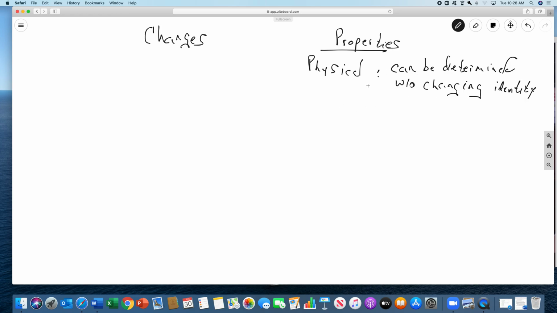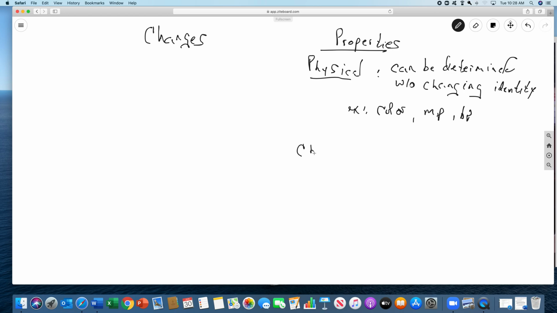So I'm sorry, it's not a change, it's a property that you can tell without changing the identity. So for example, the color, the melting point, so MP is the melting point, the boiling point, what temperature does it boil at.